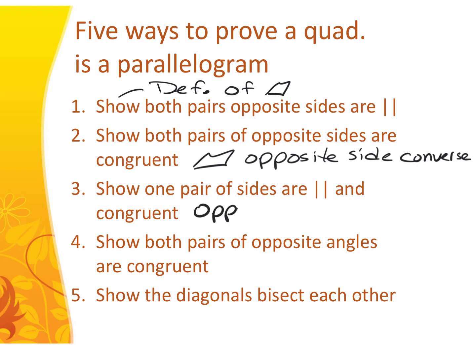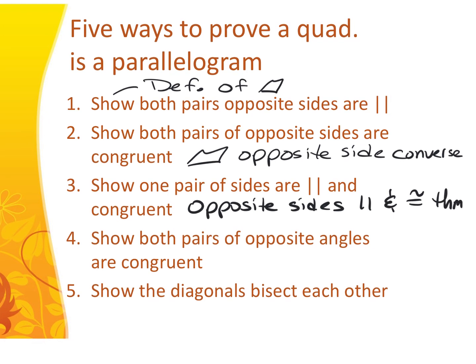This was the opposite sides, parallel and congruent theorem. Number 4, show both pairs of opposite angles are congruent. This is my parallelogram, opposite angles, converse.